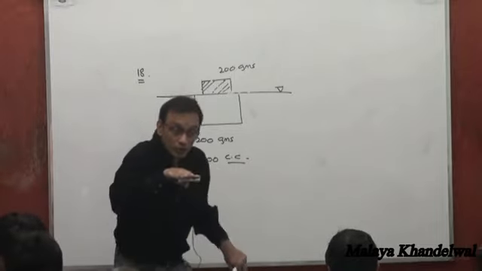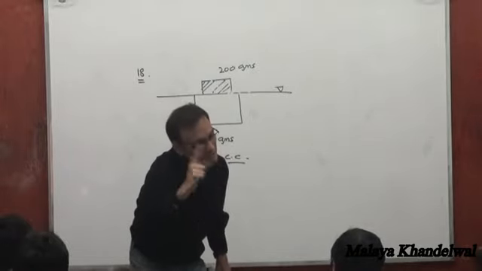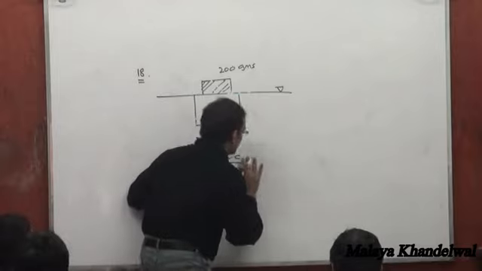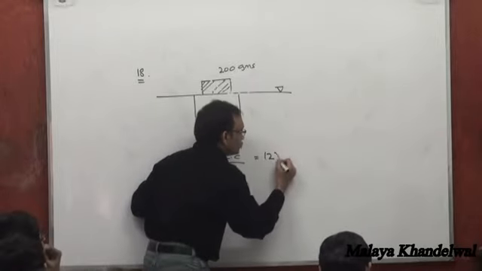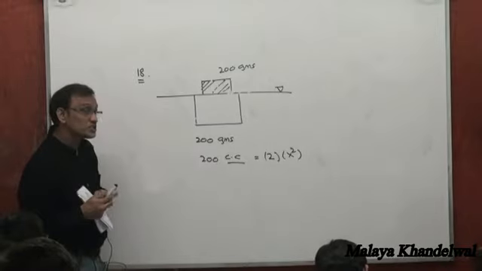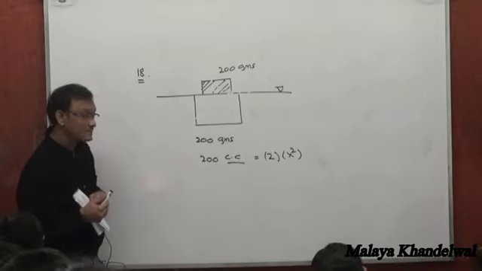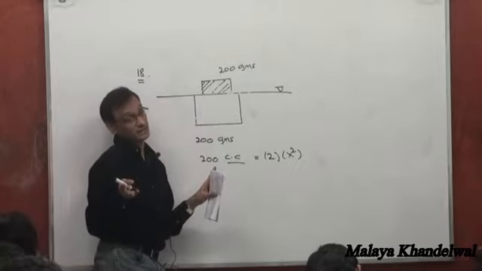So that rise by 2 centimeters must be commensurate with 200 cc. That means this 200 cc must be 2 centimeters rise into area of cross section x square, the decrease in volume of water displaced. So that gives me x squared equal to 100, x equal to 10 centimeters. Clear?